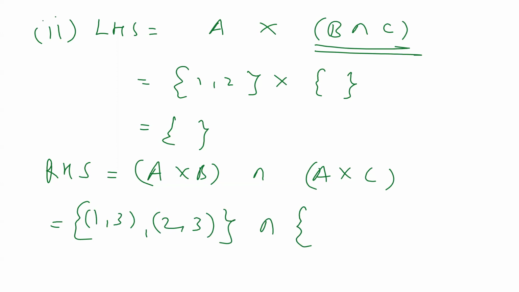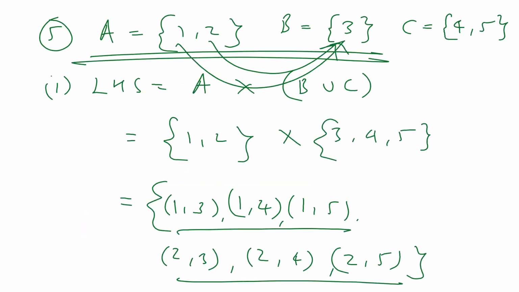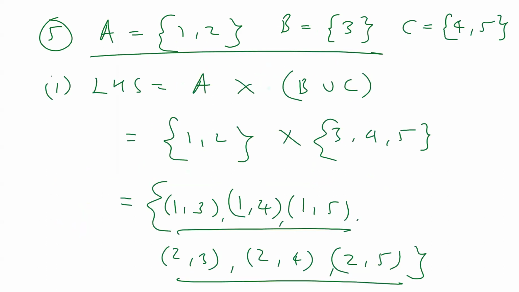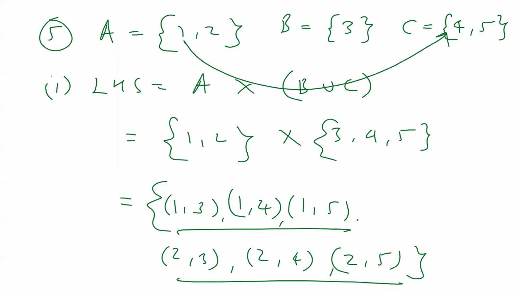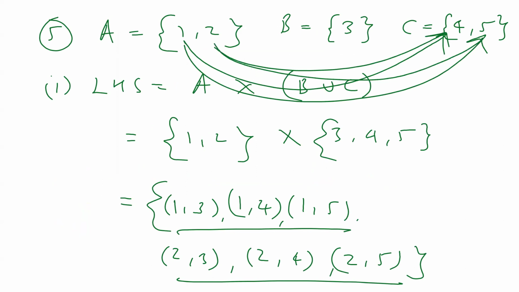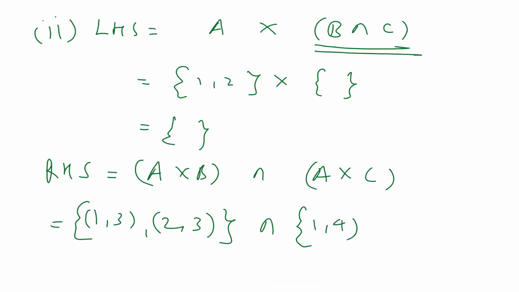Intersection A cross C. Let us understand what is A cross C. Look at the sets A and C: (1,4), (1,5), (2,4), (2,5).